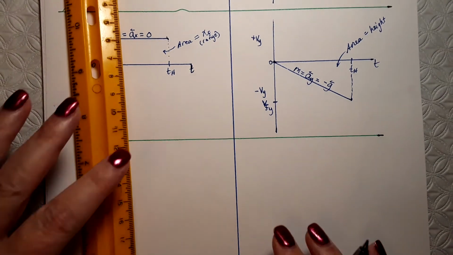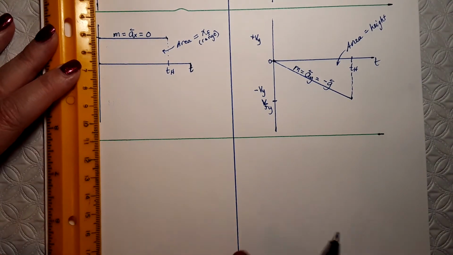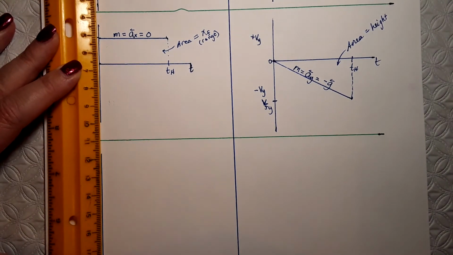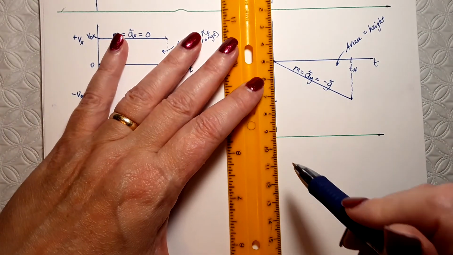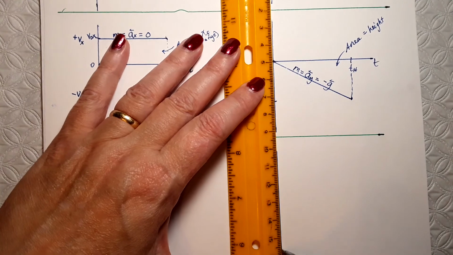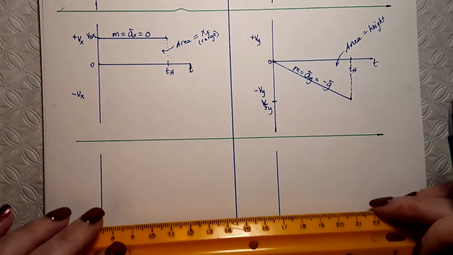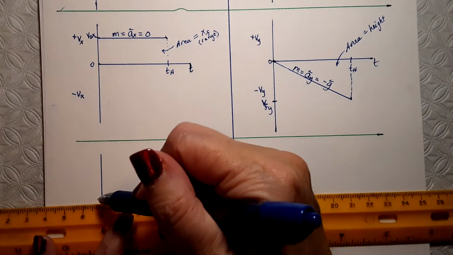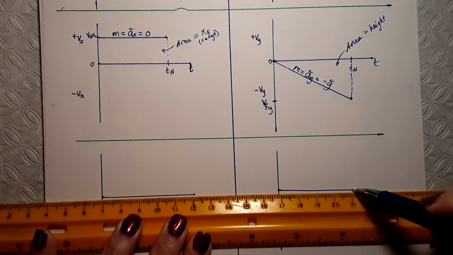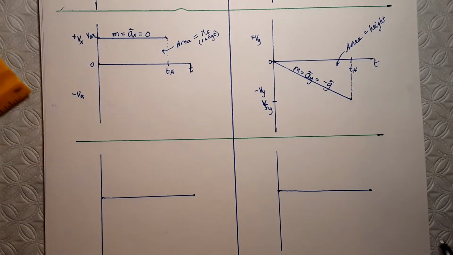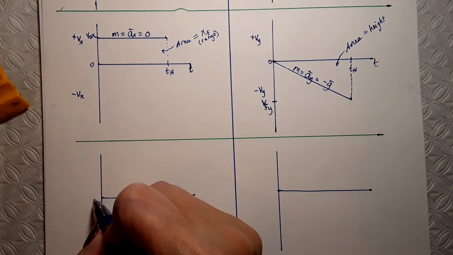While we're listening to the bongs, let's do our axes. Well, that didn't take too long. All right, and I'm going to do one for the vertical side. Now remember, we're doing acceleration time now. Okay, so here's time.